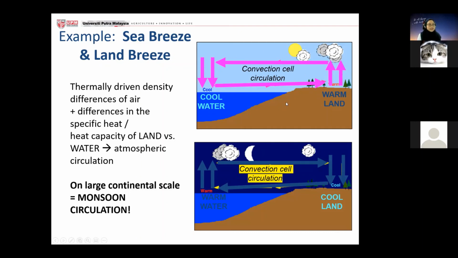And the opposite is happening at night time, because water at night is still warm, since it takes longer for it to get hot compared to the land, where it becomes colder much faster. So you have the circulation again, from warm to cool.